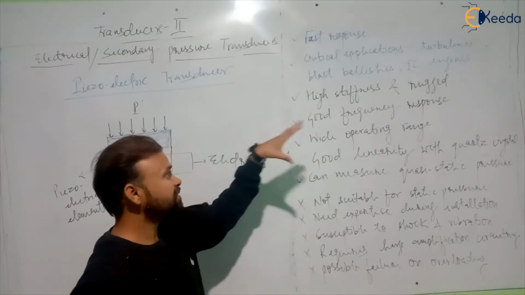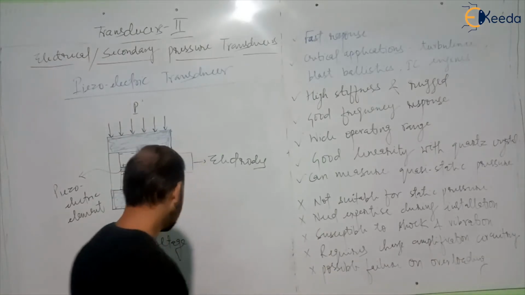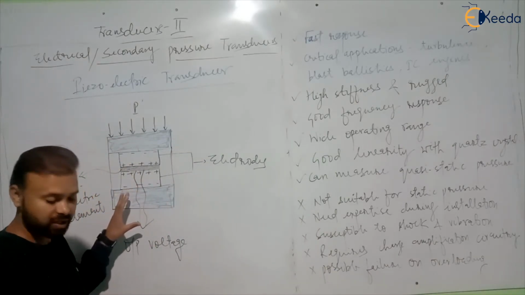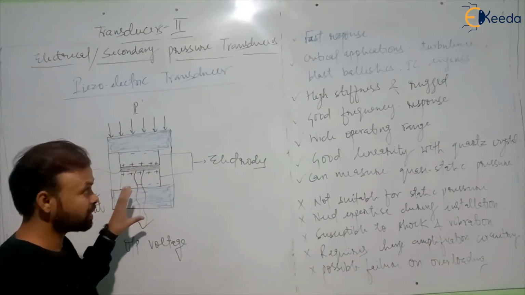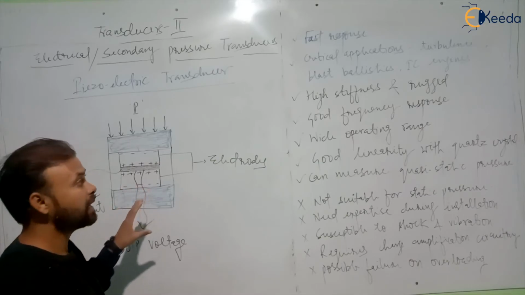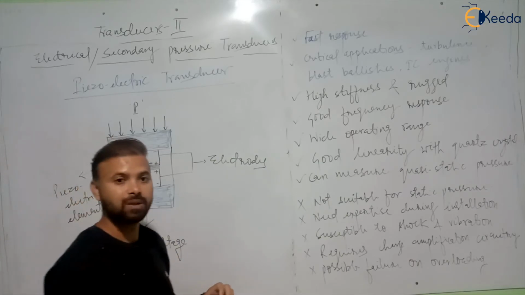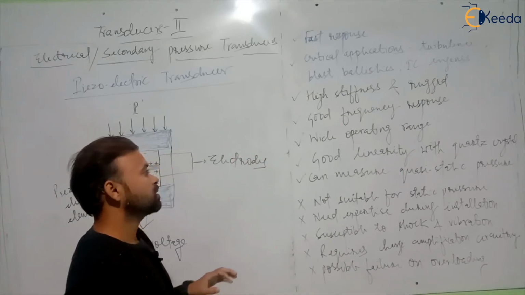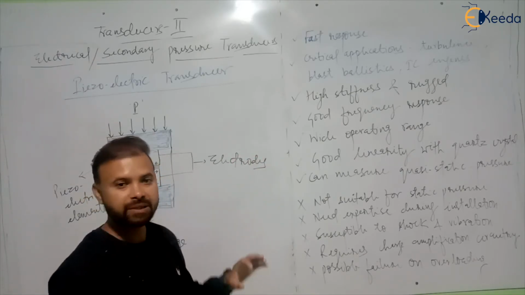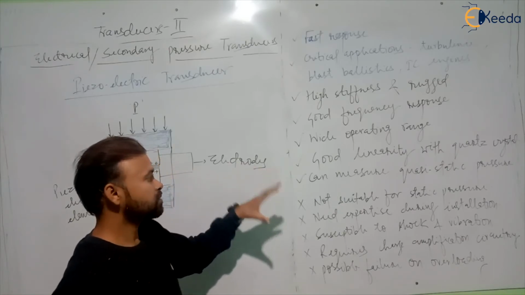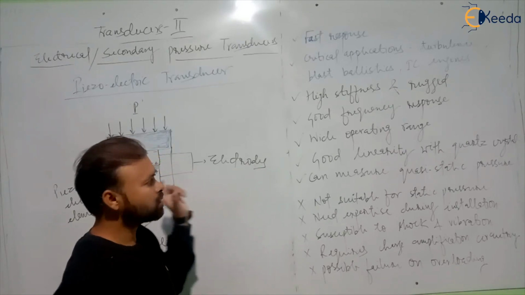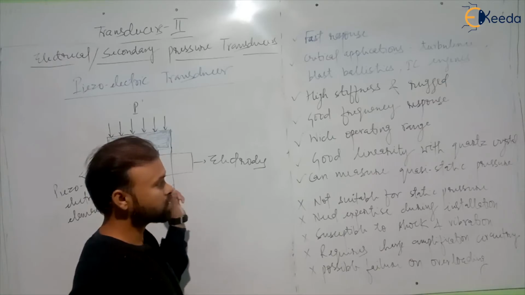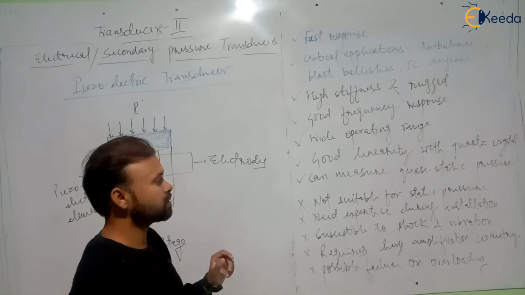Okay, high stiffness and rugged construction. The construction is rugged, and it has high stiffness. It has good frequency response, a wide operating range of pressure, and the output of the piezoelectric transducer is linear.